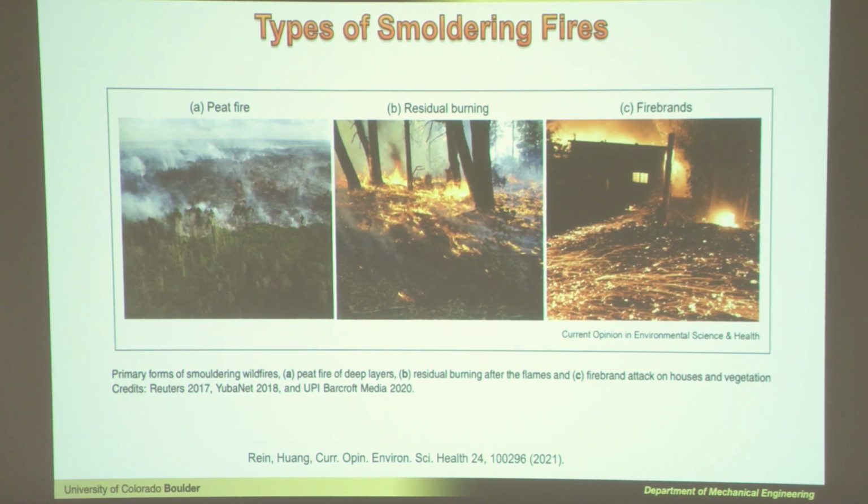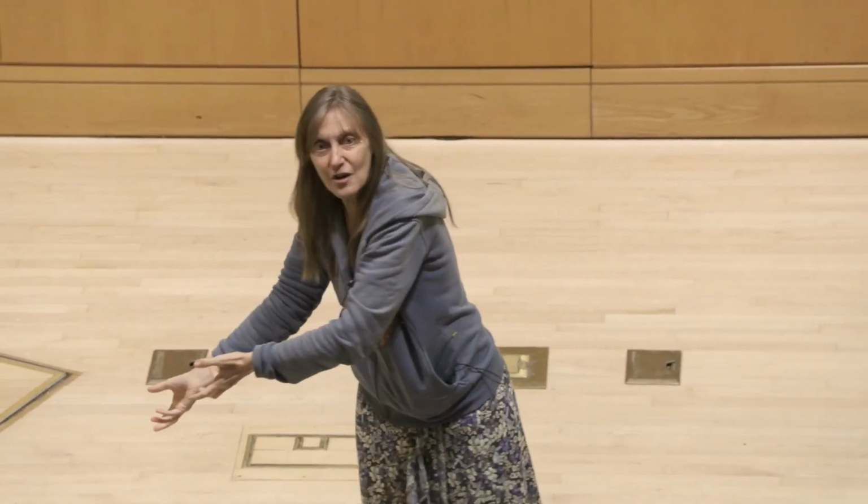Okay, and then firebrands are interesting. Those are a way for fire to propagate, and this is something that's not really understood all that well. They're pieces of flaming material that are emitted from the fire and then travel, and they can land someplace and start an ignition. This is something people worry about, especially with these wildland fires.